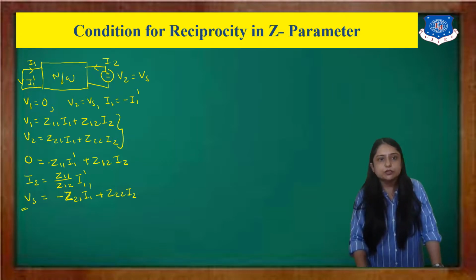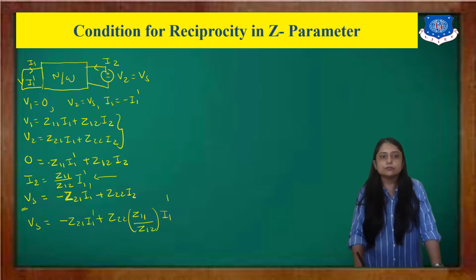Just substitute here. So Vs as it is minus Z21 I1 dash plus Z22. In place of I2, what can I substitute? This value, that is Z11 upon Z12 into I1 dash.